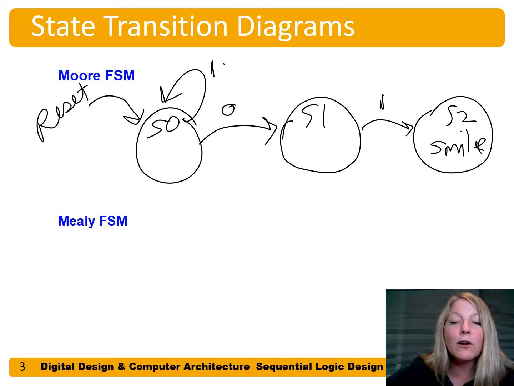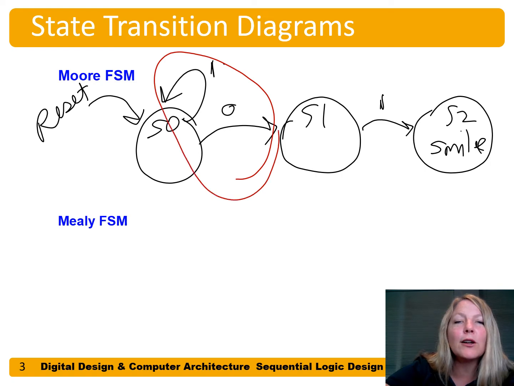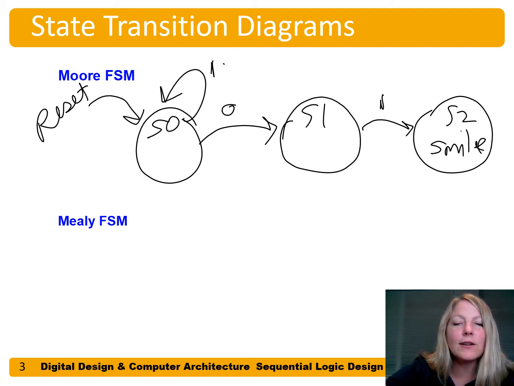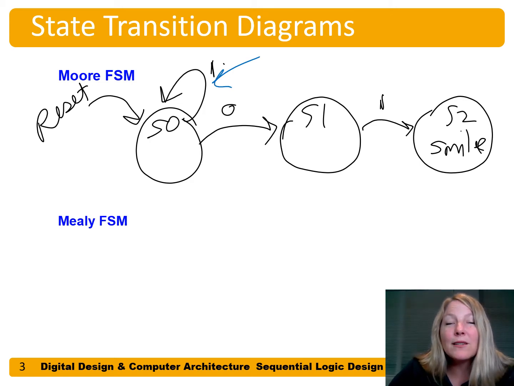And notice that we've covered all of the cases. We deterministically know what the next state should be depending on the input. If I don't include that last transition, this arrow here, then we won't know what to do. The FSM doesn't know what to do if it gets a 1 and it's in state 0, and that would be an error.